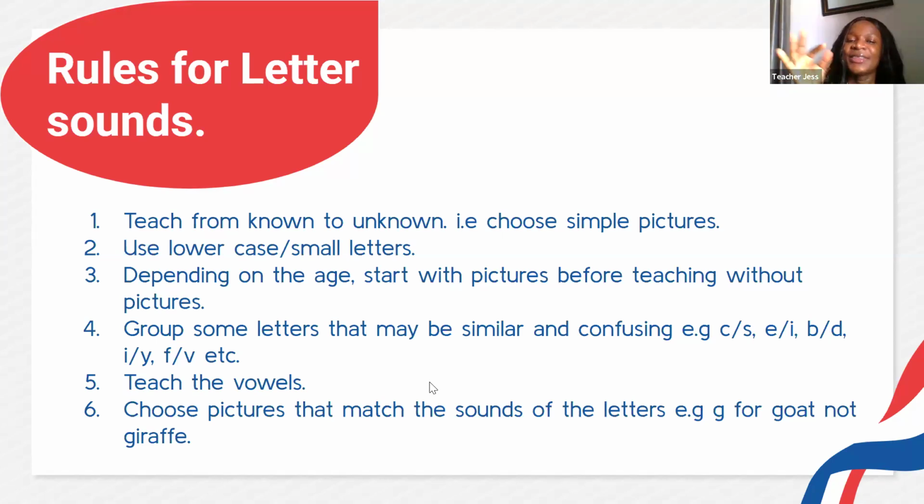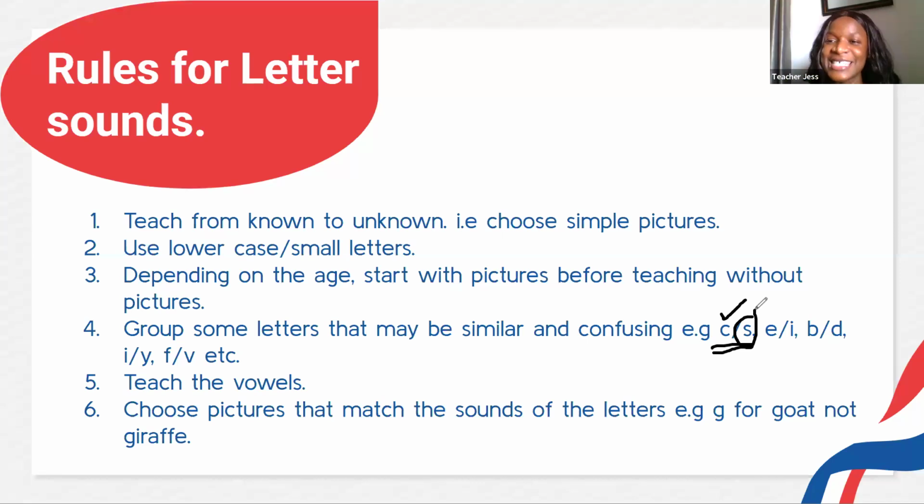Number 4, there are some confusing letters. To you, it may not be, but to them, letters that seem similar could be confusing. For example, look at this. I have some examples here. Letter C and letter S. The name of this letter is almost the sound of this letter.